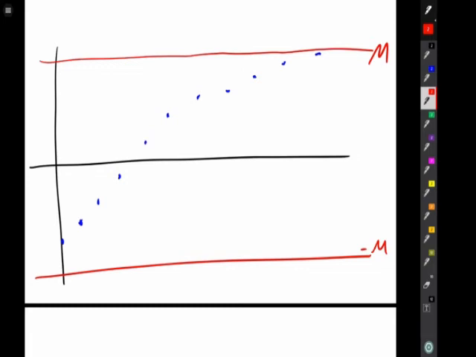Now, if it's also monotonic and bounded, like here, let's just call this non-decreasing. This looks like it might actually just be increasing, but let's be careful and just call it non-decreasing. So what do you think you can say here? If the sequence is bounded, meaning that it's stuck between these 2 red lines, and it's non-decreasing, so it has to keep going up or stay the same, what do you think has to happen as we go to infinity?